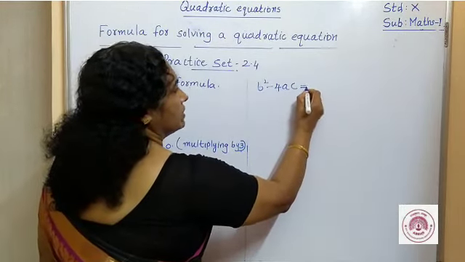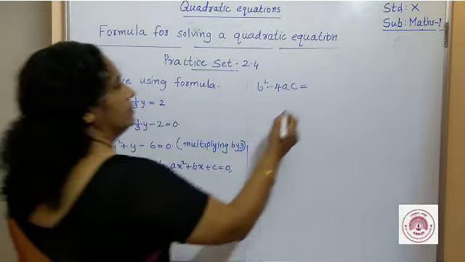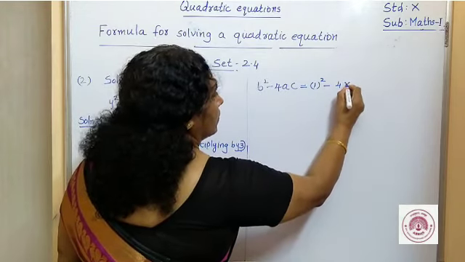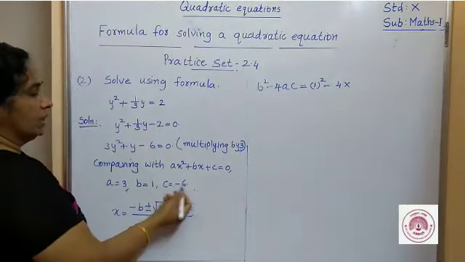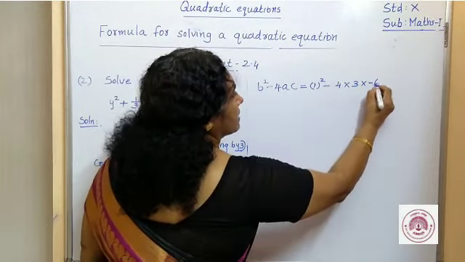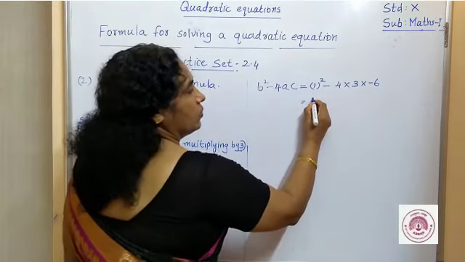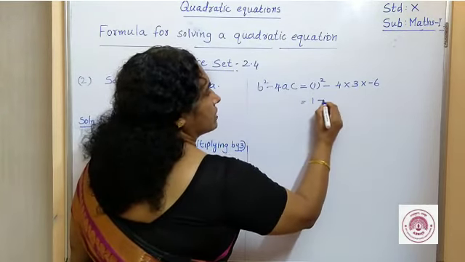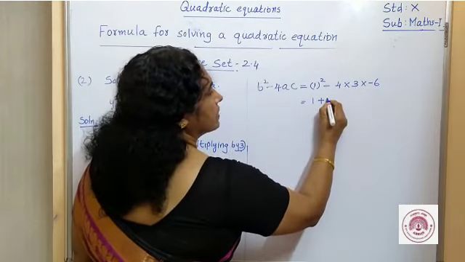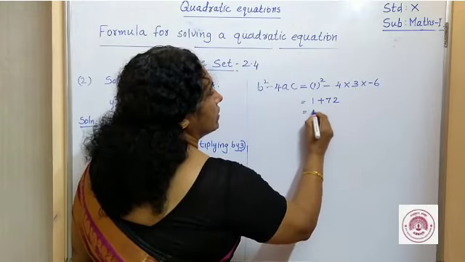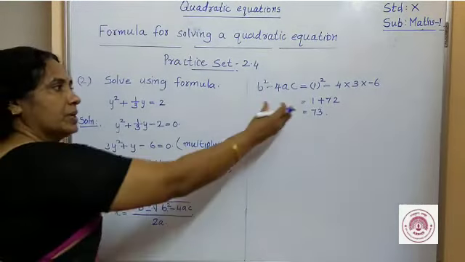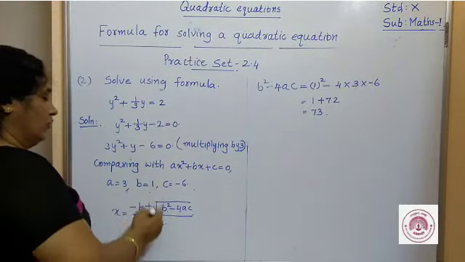B square minus 4ac is equal to 1 square minus 4 into a into c, where a is equal to 3 and c is equal to minus 6. So 1 square is 1, minus into minus is plus, 4 3s are 12, into 6, 72, is equal to 73. That is, we are finding b square minus 4ac separately and then substituting that in the formula.